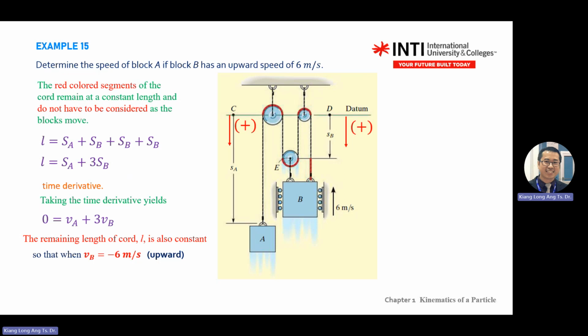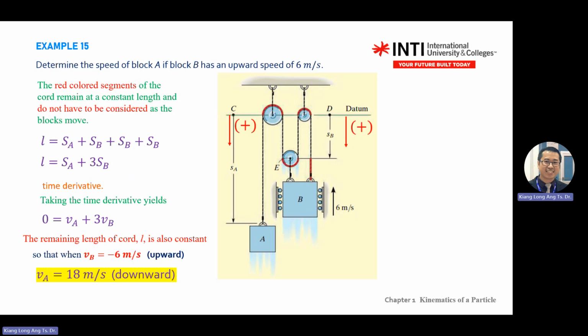In this case, you are given upward speed of 6 meters per second, so negative. A careless mistake is here. You need to refer to the datum. Positive goes down, but A is upward, so negative. You're looking at a vector. So when you substitute the value there, it's negative, not positive. If you pull your 3VB over here, it will be negative 3VB.